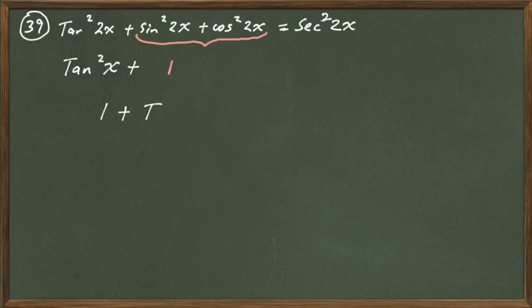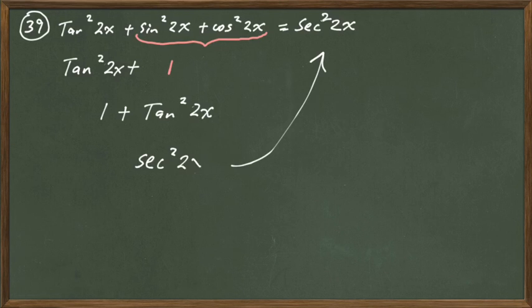So that's 1 plus tangent squared. There's an identity that 1 plus tangent squared equals secant squared. And I'm sorry, I lost my angle. It's not just x. The angle is what? 2x. So anyway, I hope I have it matching the answer that we need.